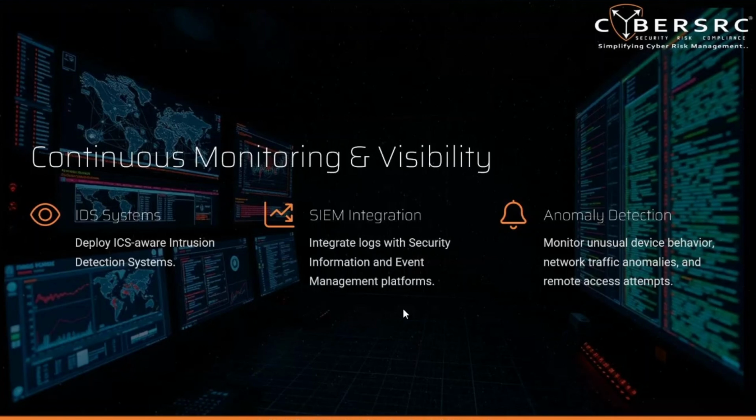SIEM integration: we can integrate logs with security information and event management platforms to ensure that logging and monitoring as per security best practices are in place and any kind of malicious attack can be easily identified. Anomaly detection: monitoring unusual behavior, network traffic anomalies, and remote access events is important in ICS environments to ensure that no unauthorized adversary can gain access.